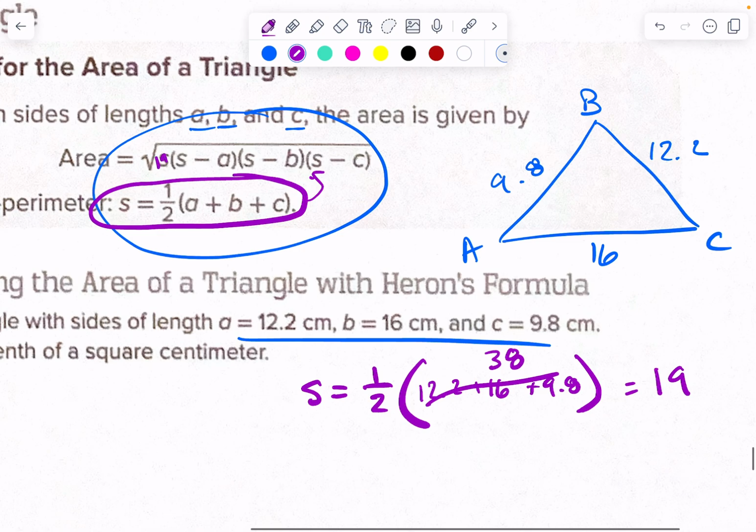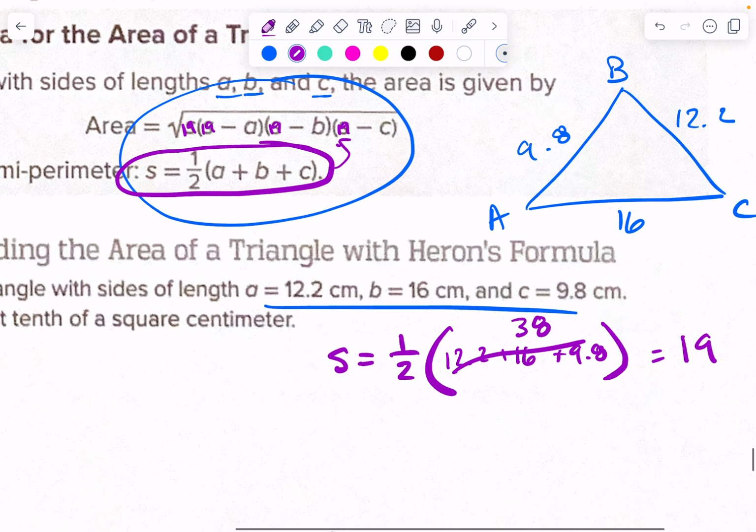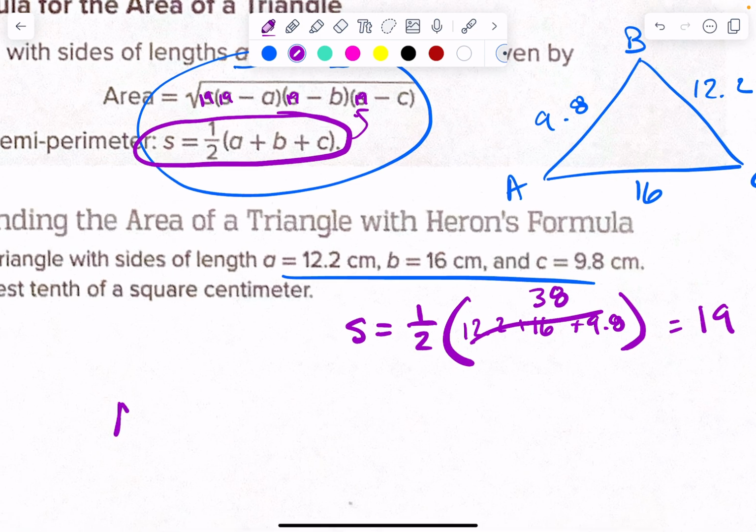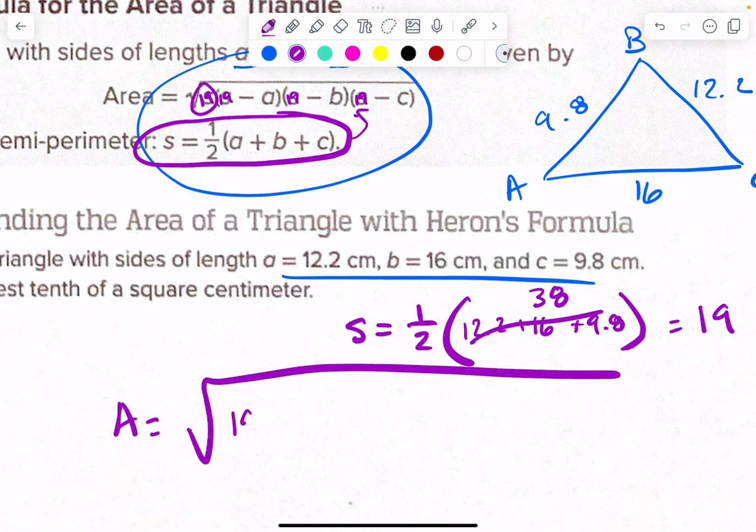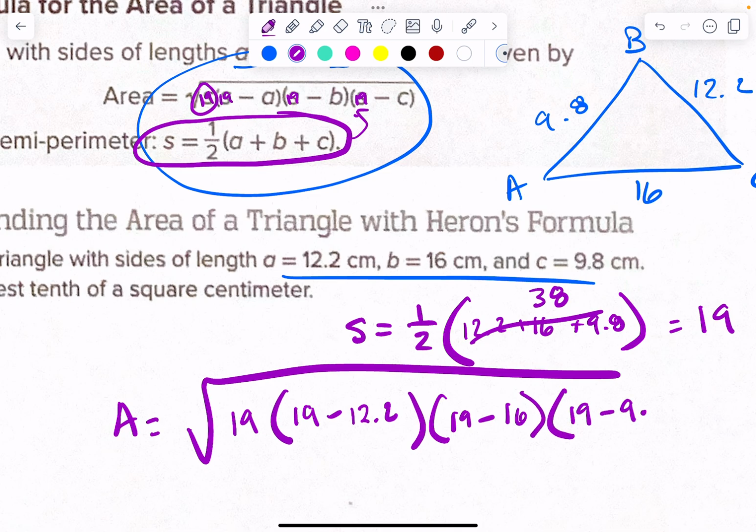So I'm going to plug 19 in here, 19 here, 19 here, 19 here. Basically the area is going to be the square root of, we start with S, which is 19, times 19 minus the first number, 12.2, 19 minus the second number, which is 16, and 19 minus the third number, which is 9.8, okay?